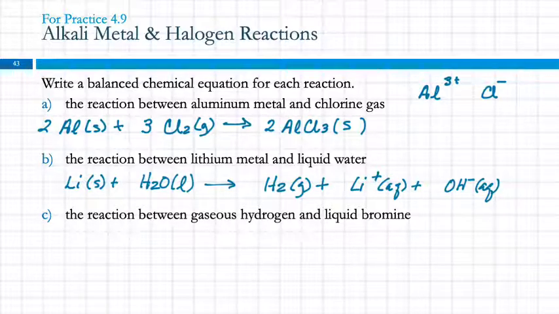So how do I balance this? Well, everything's fine except the hydrogens, right? I've got 1 lithium on each side, and I've got 1 oxygen on each side. But hydrogens, I've got 3 on one side and 2 on the other.